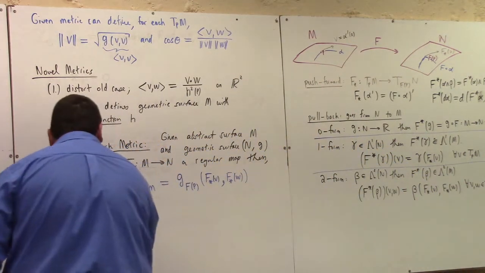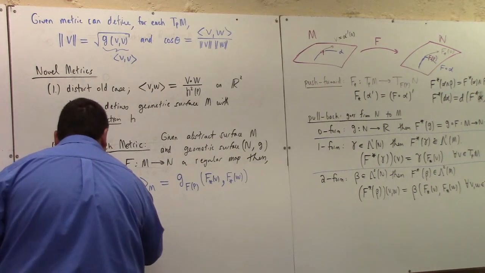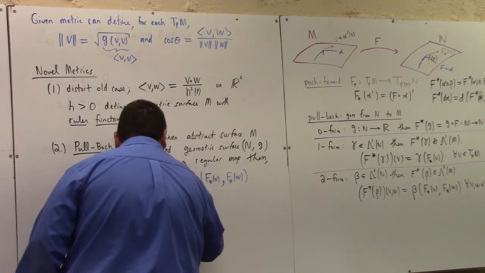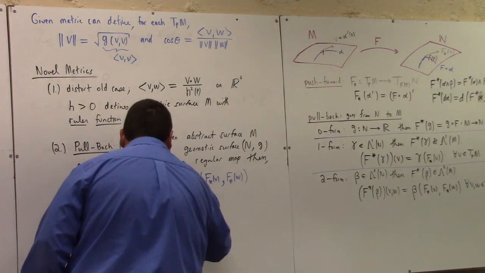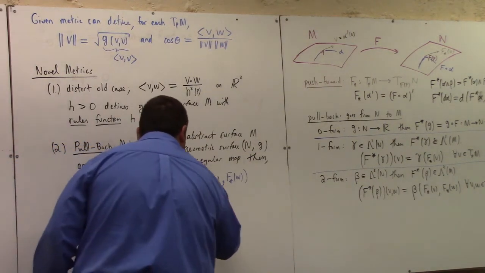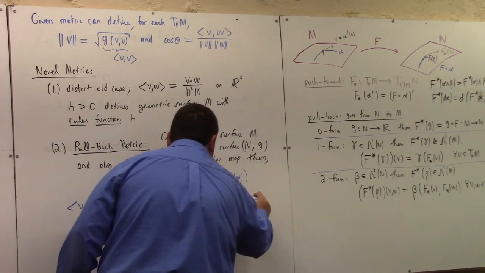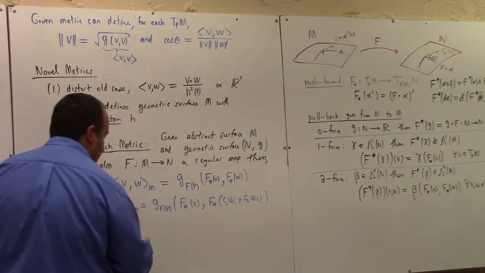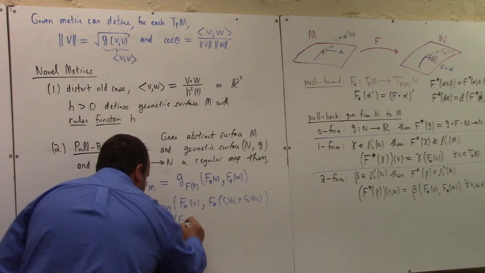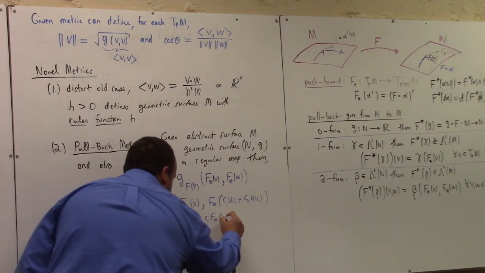If I've got V, C1 W1 plus C2 W2 on M, that's G of F of P, F star V, comma, F star of C1 W1 plus C2 W2. But then I use linearity of the push forward to pull out the C1 and break up across the sum.